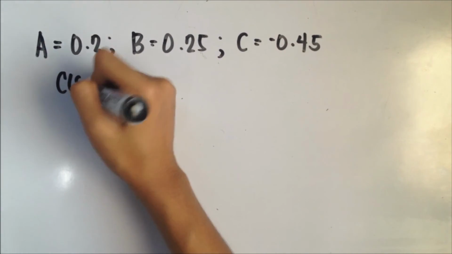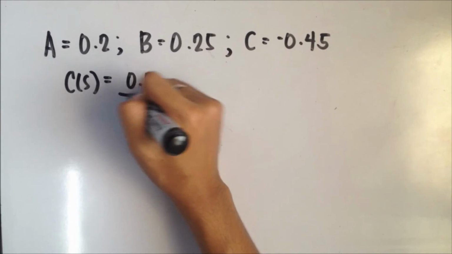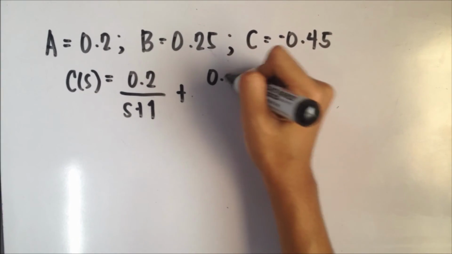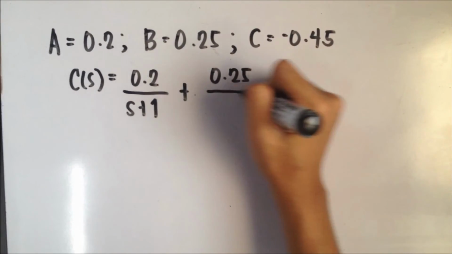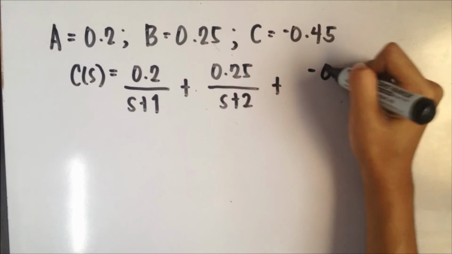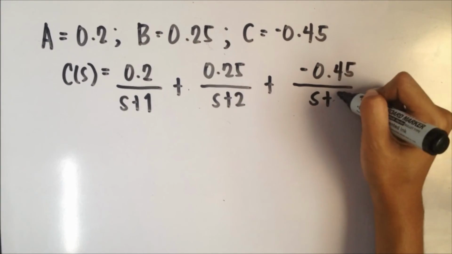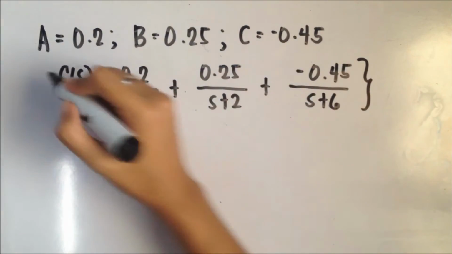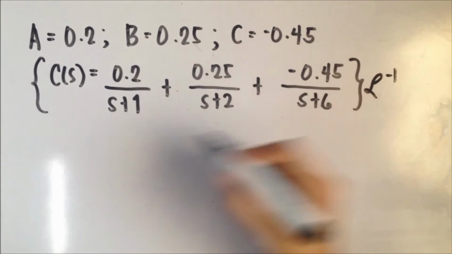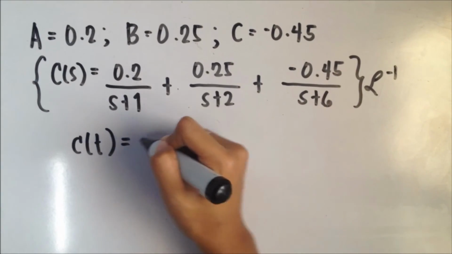So c of s equals 0.2 over s plus 1 plus 0.25 over s plus 2 plus negative 0.45 over s plus 6. To get the response, we're going to have to perform inverse Laplace transform on c of s.